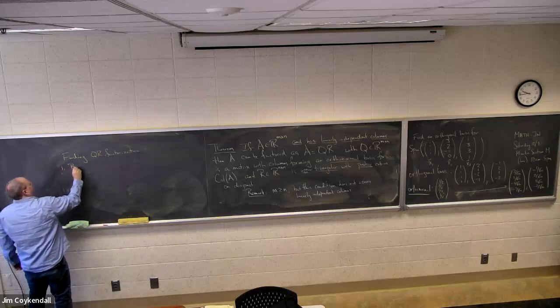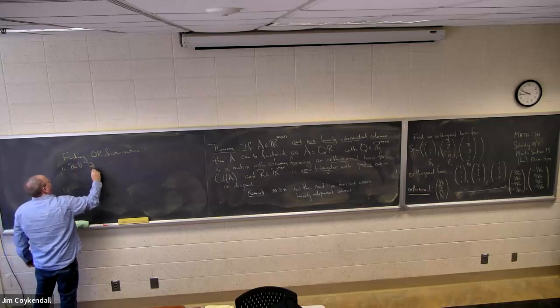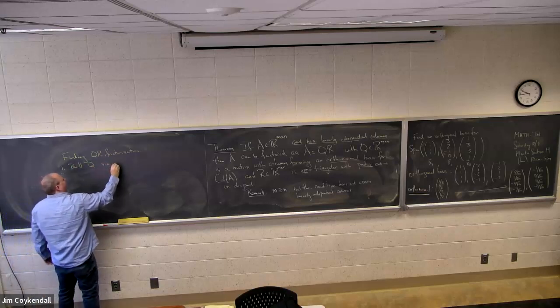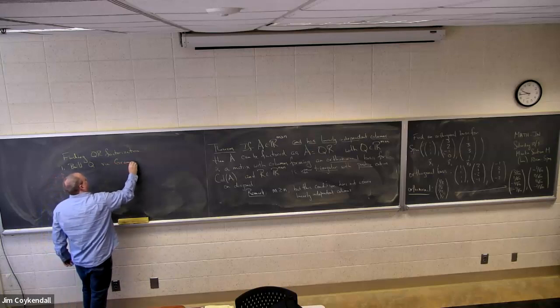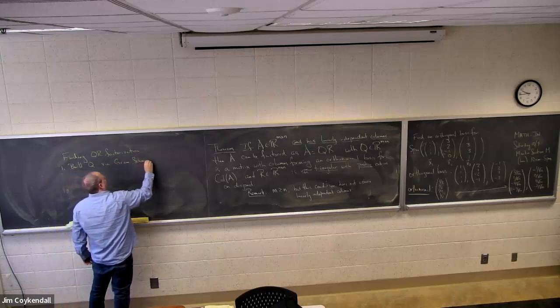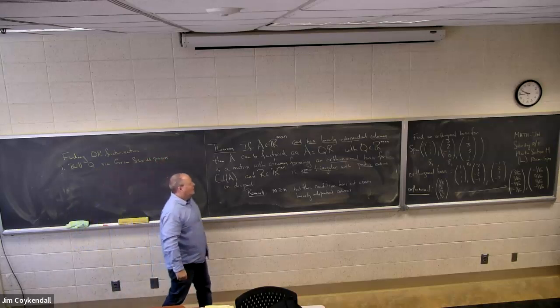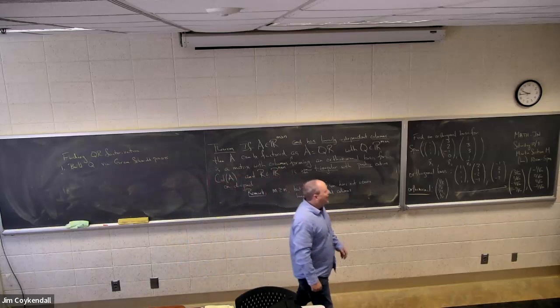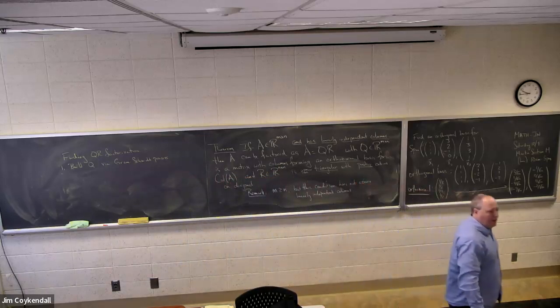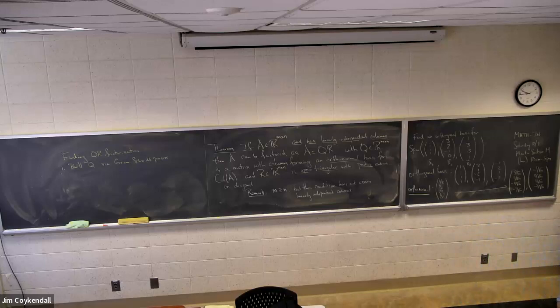Step one: build Q. Because the theorem describes for you exactly what Q has to look like. It's just filled up with the orthonormal basis for the column space of A. So just take the columns of A and turn them via the Gram-Schmidt process into an orthonormal basis.